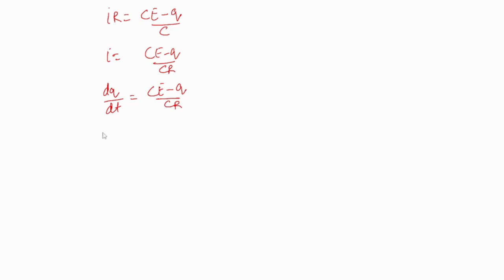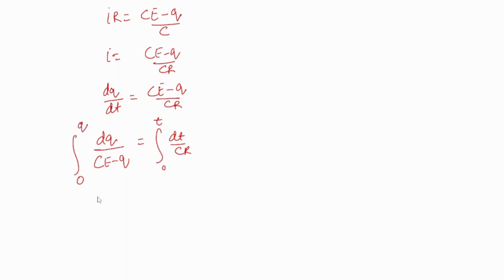Now just rearrange this equation. So it will be dq upon (CE minus Q) is equal to dt upon R. You just need to integrate it. Our interval is t equal to 0 to t equal to t, and the charge on the capacitor is initially 0, and at t equal to t our charge on the capacitor is q.